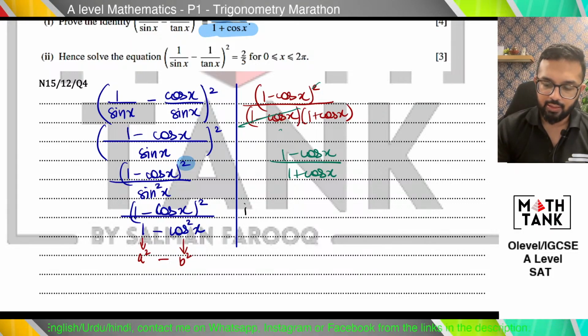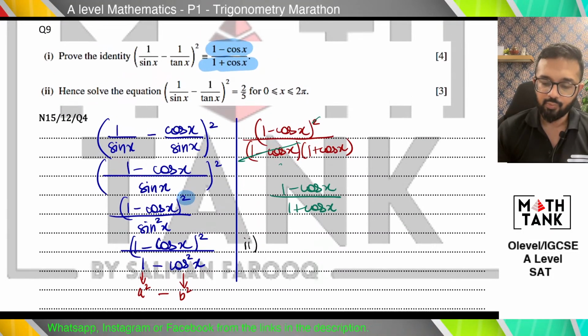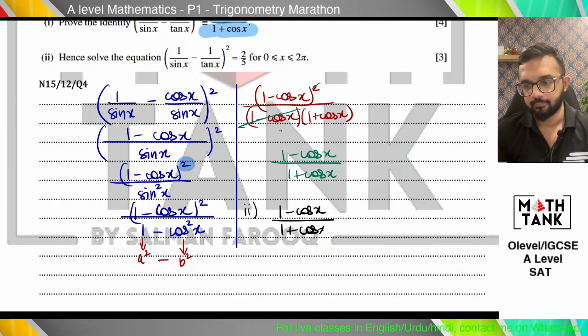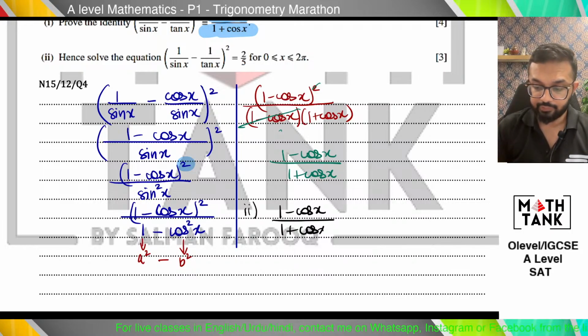Part 2 says, hence solve this equation. So I'm going to borrow from the first part. Cross multiplying.